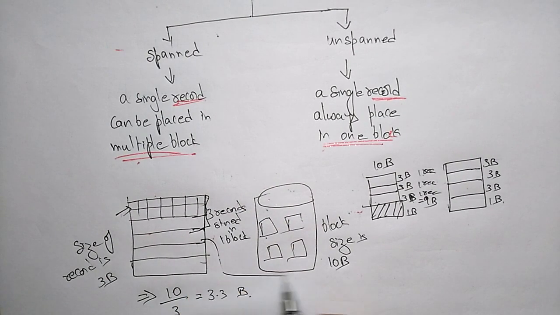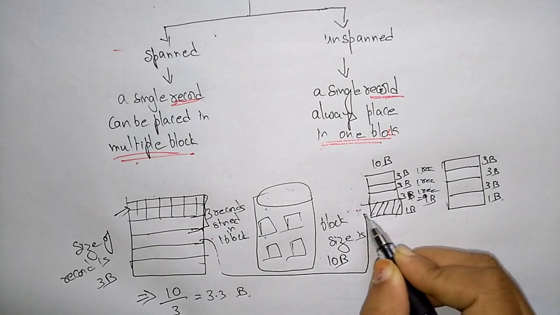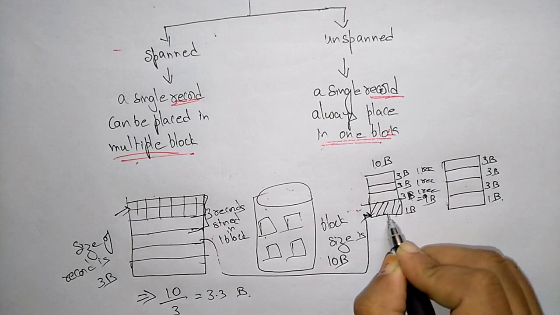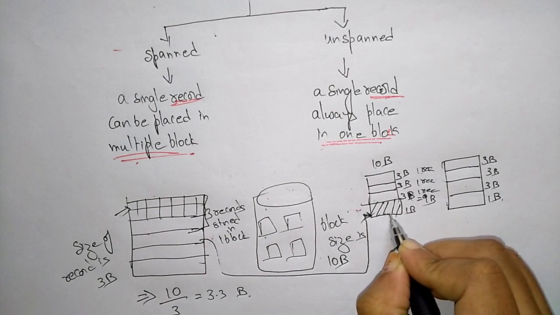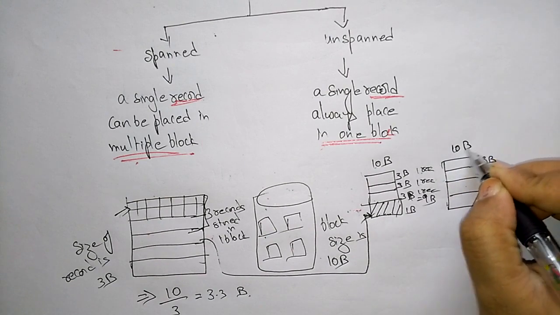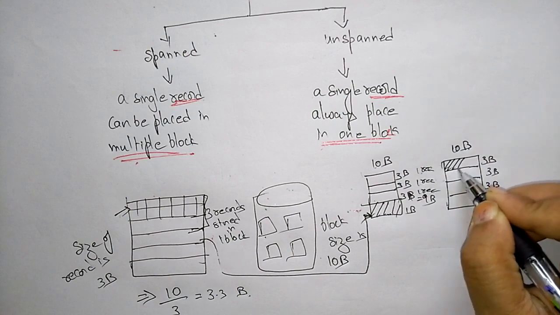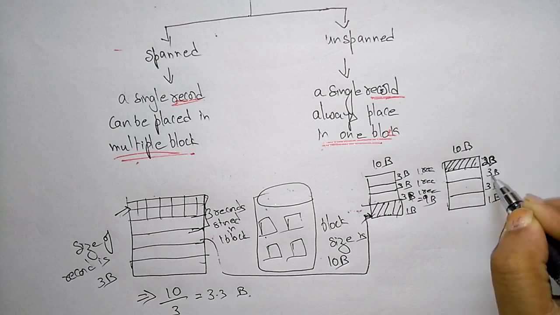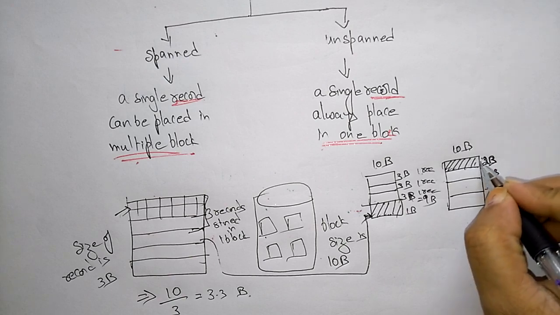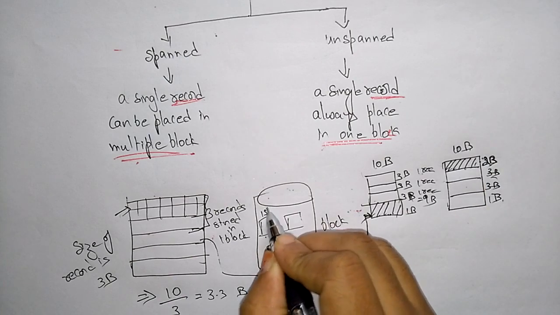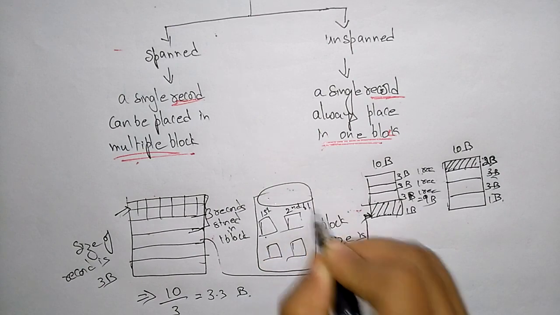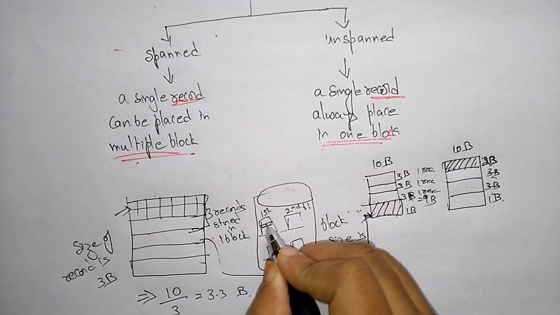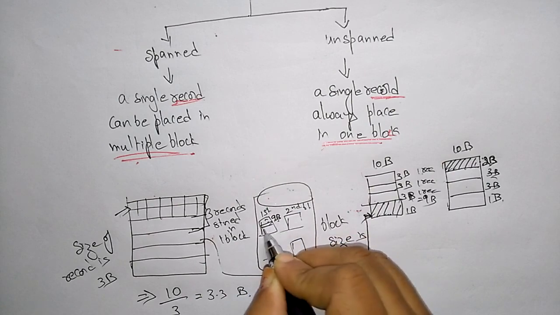In spanned, 1 byte of that record is stored in the first block and the other 2 bytes are stored in another block. So this is the first block and this is the second block. Up to 9 bytes of records are stored in the first block.